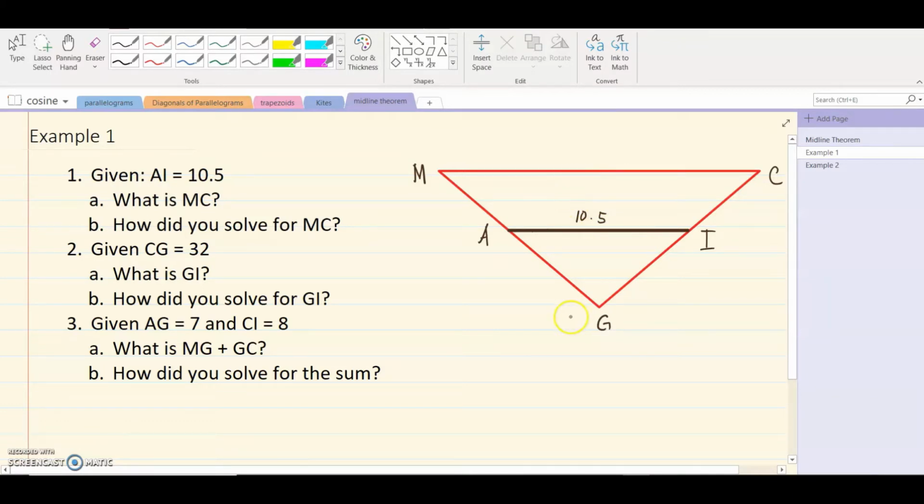Of course we know that AI is parallel to MC, and the measure of AI is half of side MC. So if AI is 10.5, you just double this or multiply this by 2. So the answer here will be 21.